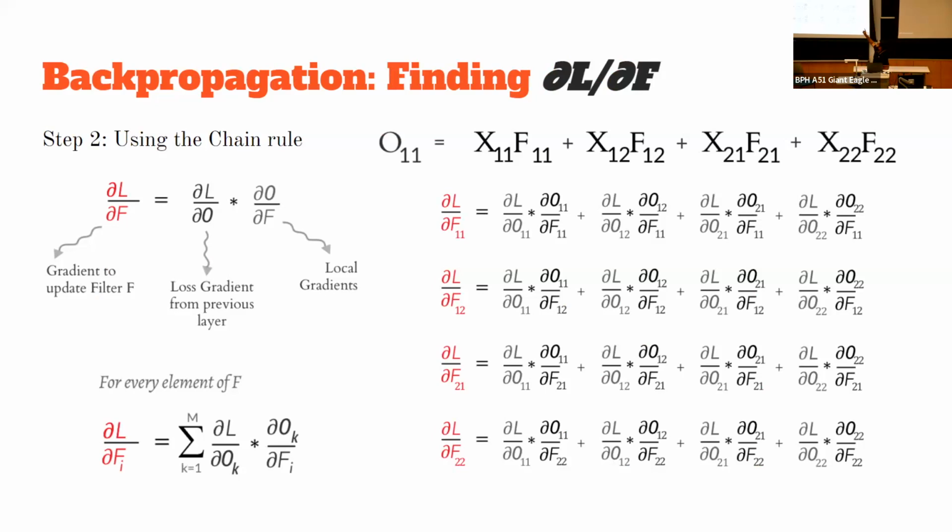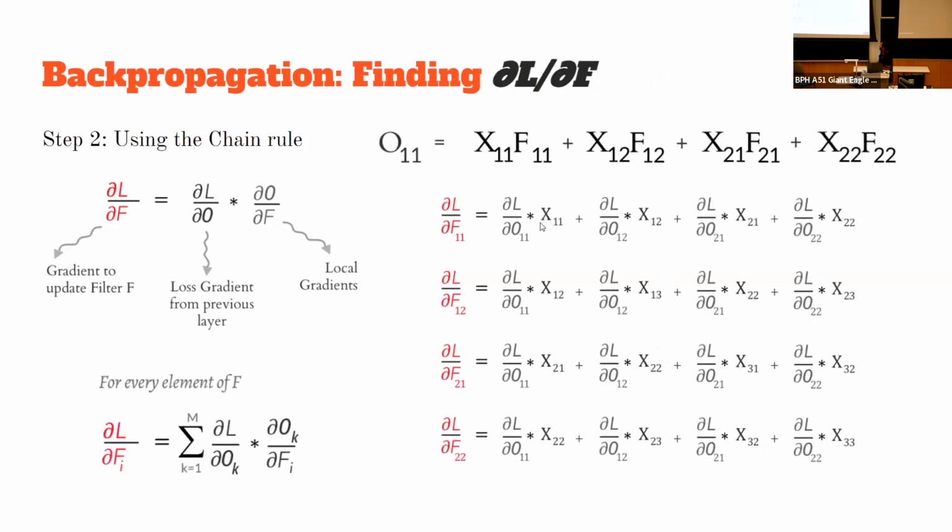So now I have the derivatives of dL with respect to F11, F12, F21, and F22. I have the derivatives with respect to all the parameters present in my filter. Let's fill in some values. We know the equation of O11, right? And we can compute the derivative of O11 with respect to F11, which is basically X11, if you look from here. The derivative of O11 with respect to F11 should be X11. I just plug in those values here.